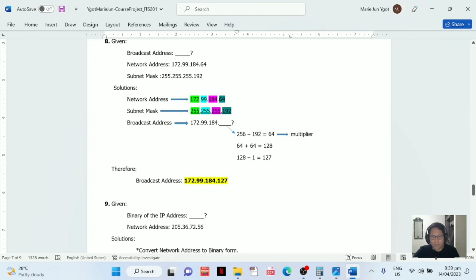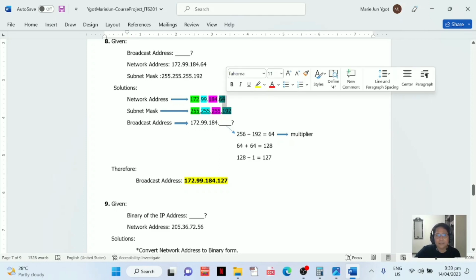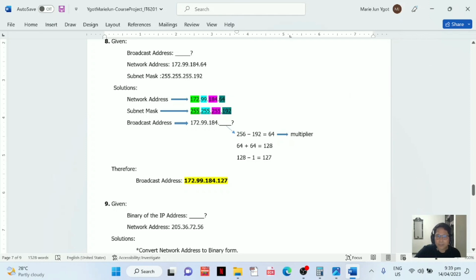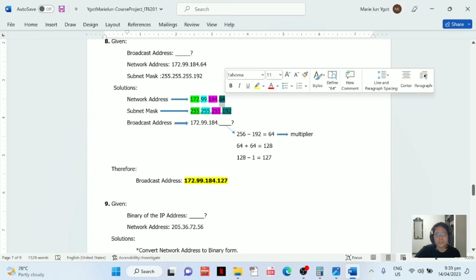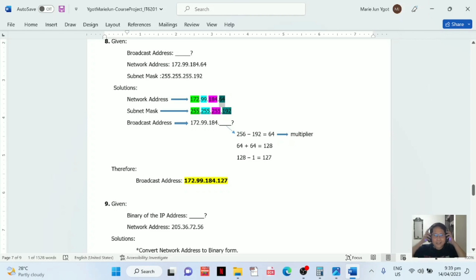Based on our rules, after getting the multiplier, we're going to find a number that is greater than 64, on our network address, and nearest to 64.